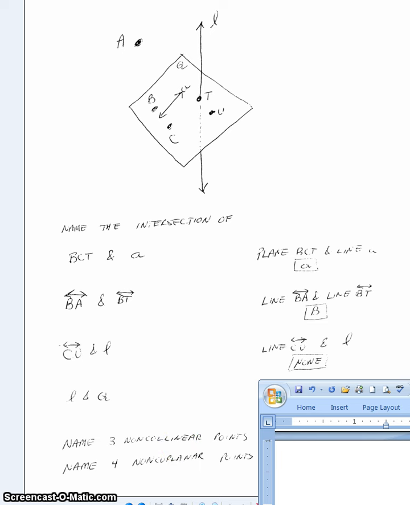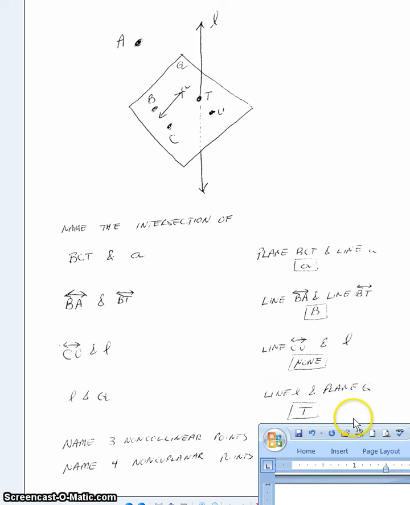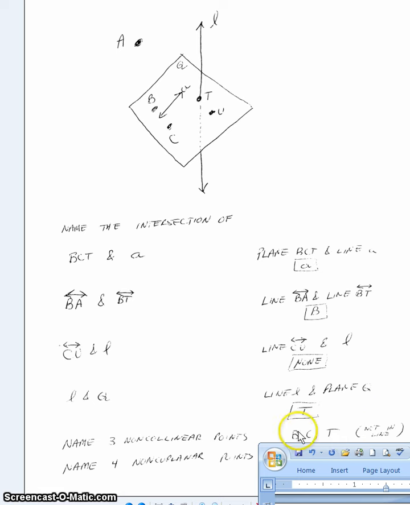Well, I simply selected points B, C, and T. B, C, and T do not lie in a line. Here I also have the one above, line L and plane Q. Well, L goes through the plane at T, so T is the intersection.